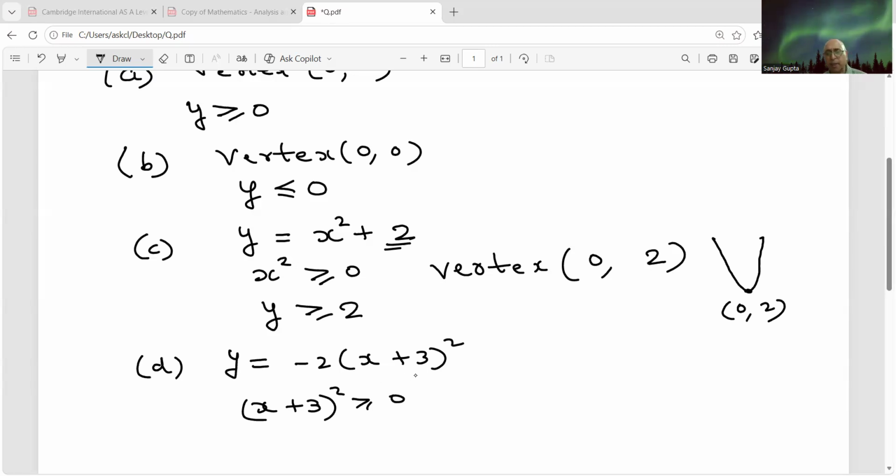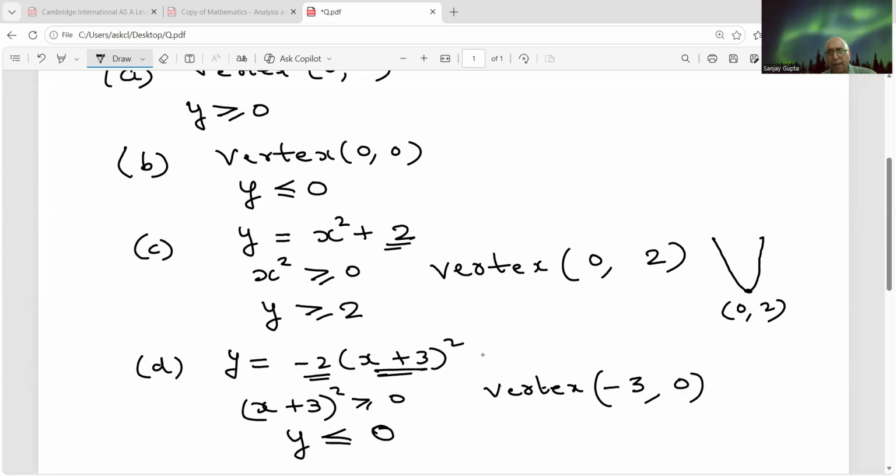When x is minus 3, then x plus 3 whole square will be 0, otherwise it will be positive. And therefore, because y is negative 2 multiplied with a positive value, y is going to be less than or equal to 0.